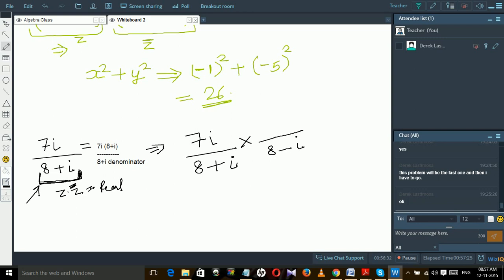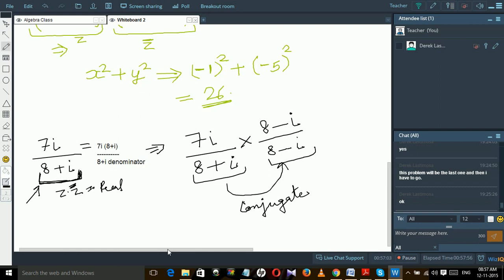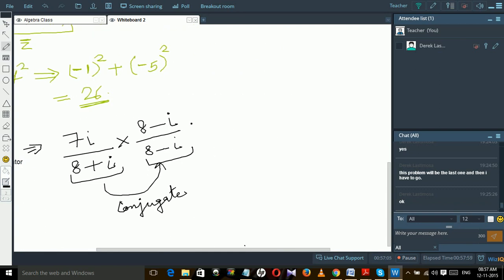So we'll simplify it as 7 iota over 8 plus iota. We'll multiply and divide by 8 minus iota, because I know the conjugate of this part is this. When I multiply the complex number with its conjugate, I'll get the real part.